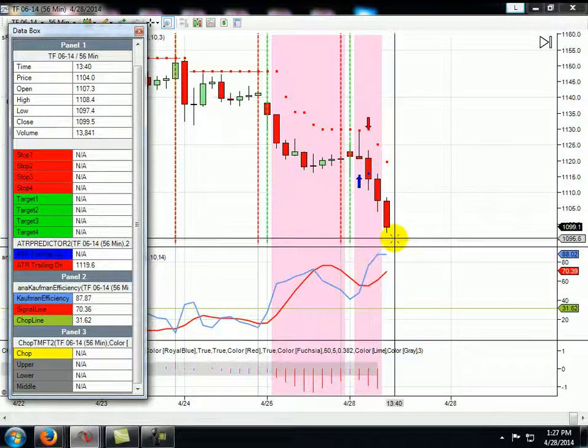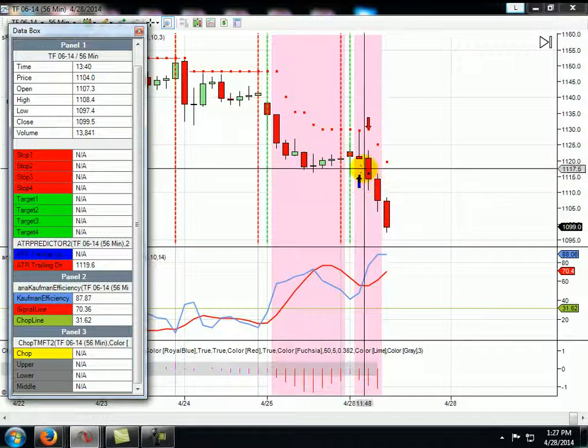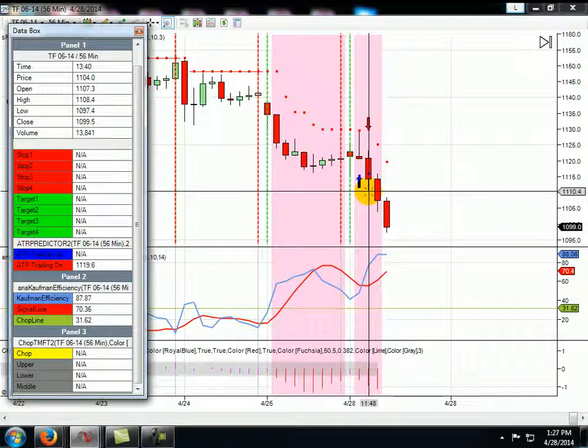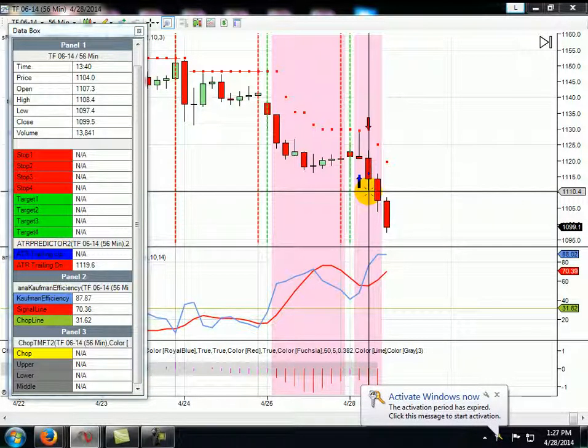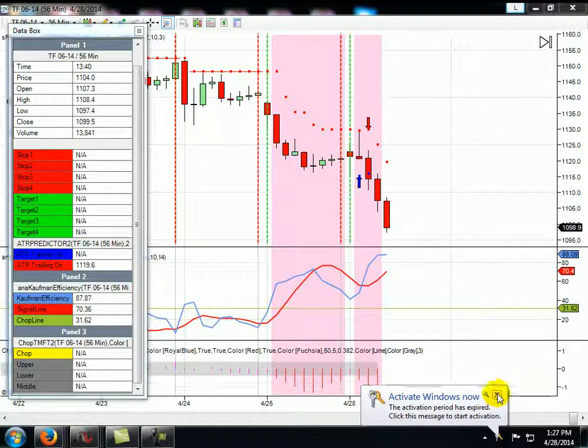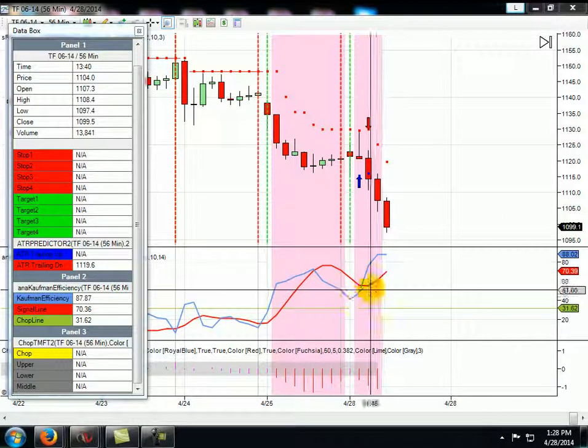Everything else would remain the same here, as far as what we had established before regarding our entries and our exits. The only difference is we add this to the equation.